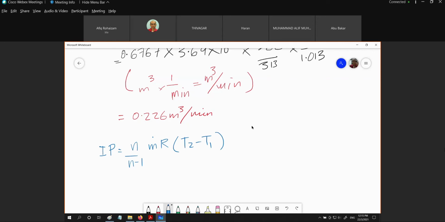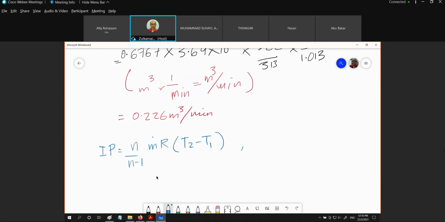You think it's the same? Tengok sini, this is our free air. Tadi dah 0.25, sekarang ni dah berubah lah, disebabkan oleh ambient condition dengan induction condition tu berbeza. P is not P1, T is not T1. So kita akan dapati M dot akan berubah. So we need to calculate the new M dot based on this V dot.